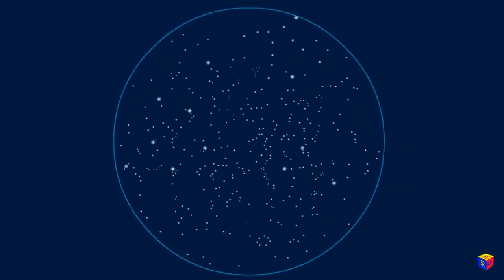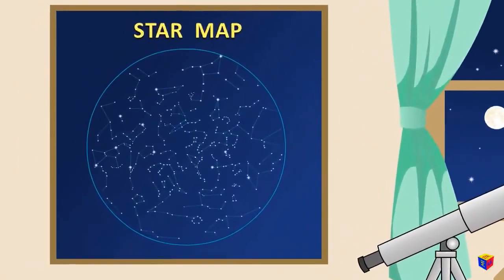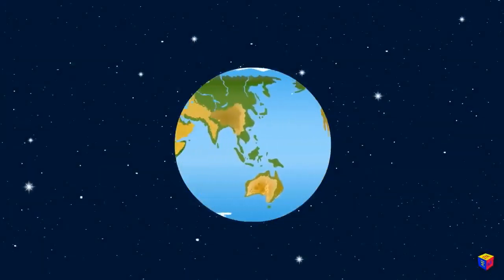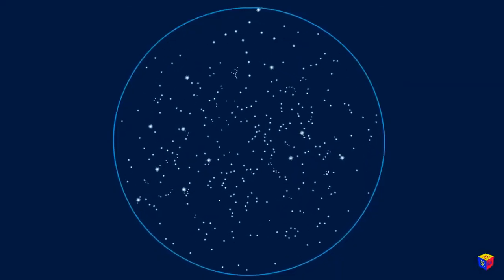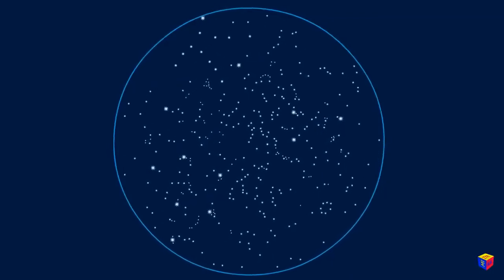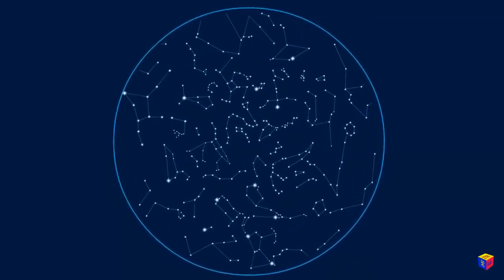In ancient times, while observing stars, people grouped them into patterns called constellations. These constellations form a star map. Since the Earth rotates around its axis, the stars seem to move across the sky. It is actually the Earth which is moving. See?